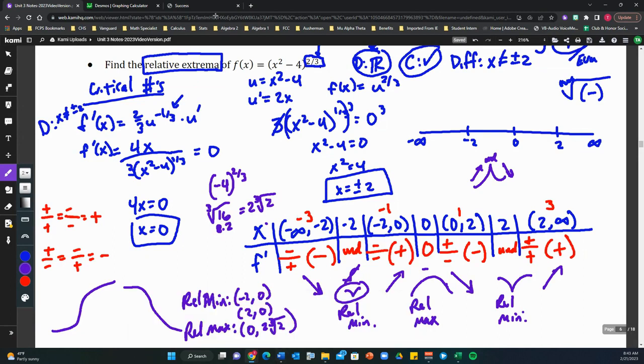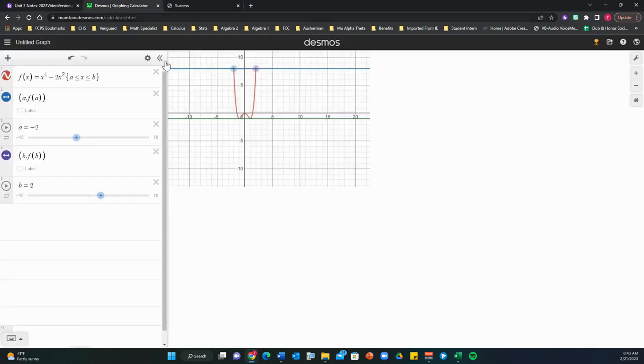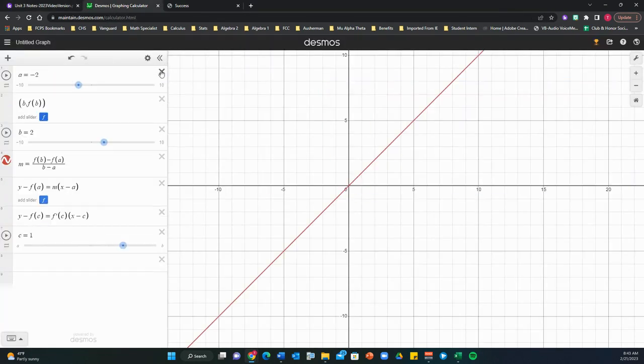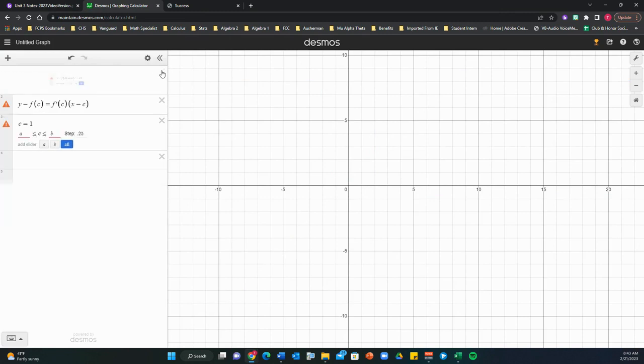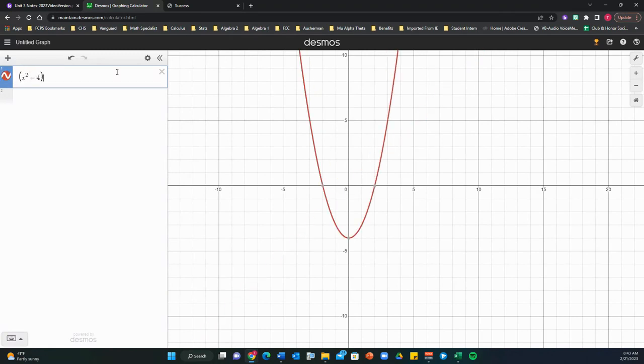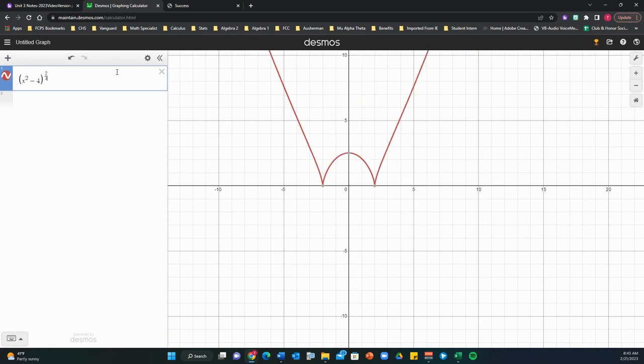So that is it. Now, if I were to graph this guy, you will see that it pretty much looks just like what we just described. Let me clear all this stuff out. So we have x squared minus 4 to the 2/3 power.